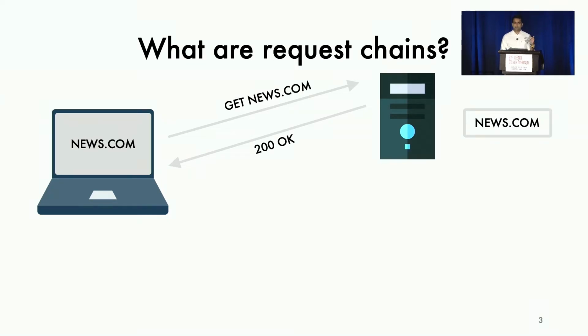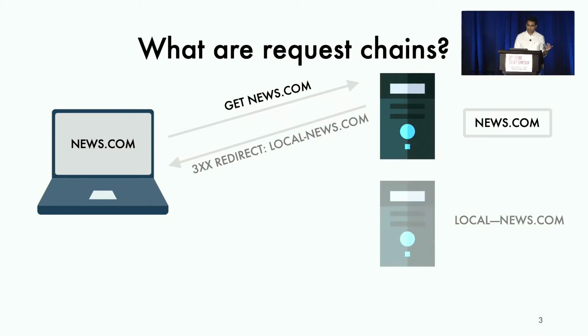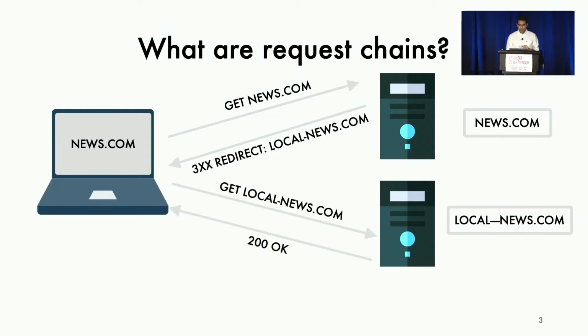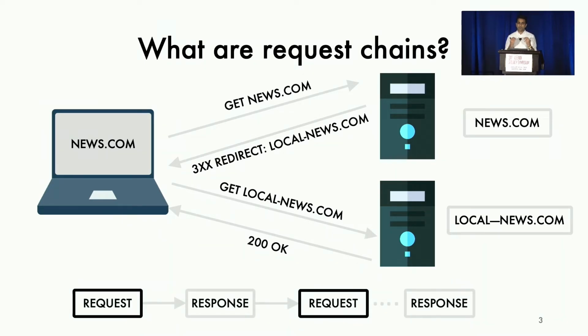In cases where the server cannot fulfill that request, but it knows that another server can, it redirects the browser to fetch that resource from the other server. Then the browser will have to issue a subsequent request to get the response. So overall, these requests and responses between the browser and different servers form a sequence of requests and responses. And this is what we refer to as request chains in this paper.